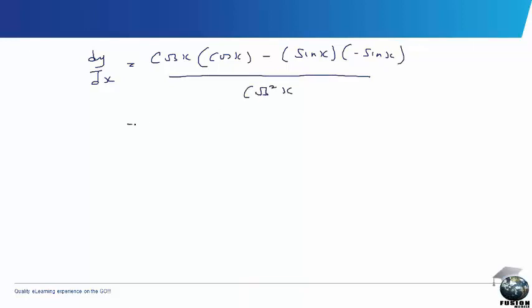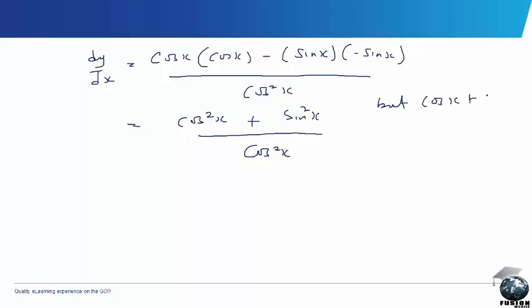Okay, and this is equal to cos squared x plus sine squared x, because the minus changes to plus, all over cos squared x. But you're told in trigonometry that cos squared x plus sine squared x is equal to 1, and so this gives us 1 over cos squared x.